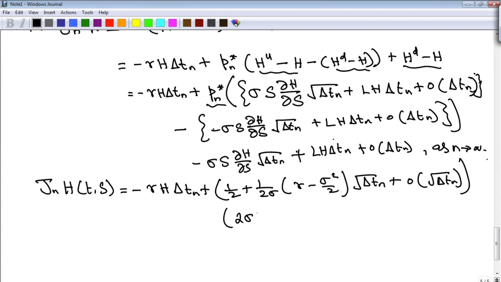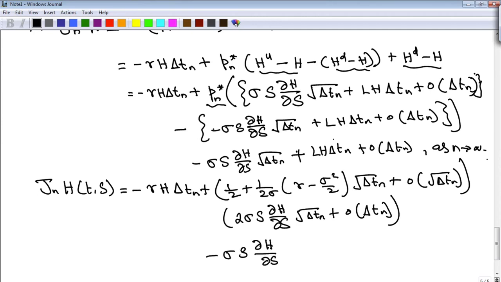We have 2 sigma s dou h by dou s root delta Tn plus order of delta Tn minus sigma s dou h by dou s root delta Tn plus LH delta Tn plus small o of delta Tn as n tends to infinity.